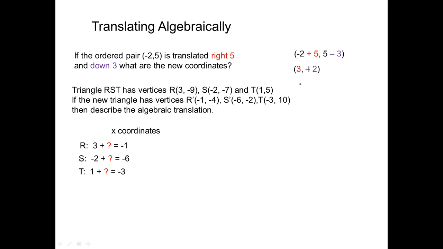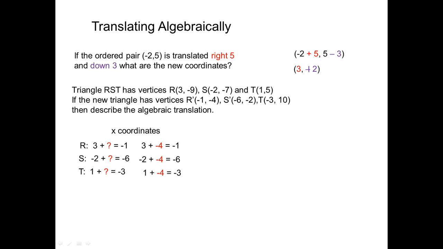So 3 plus what number will give me negative 1? Well, if I start at positive 3 and I end at negative 1, I better have gone back 4. And now I'm just going to double check that I haven't made a mistake. Negative 2 minus 4 is negative 6, and 1 minus 4 is negative 3.